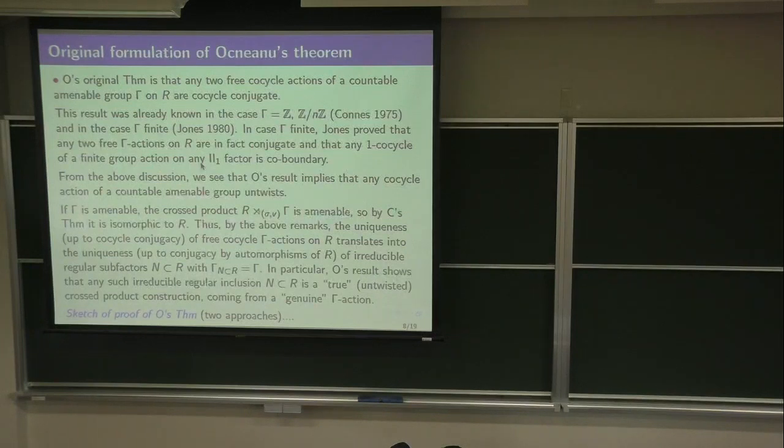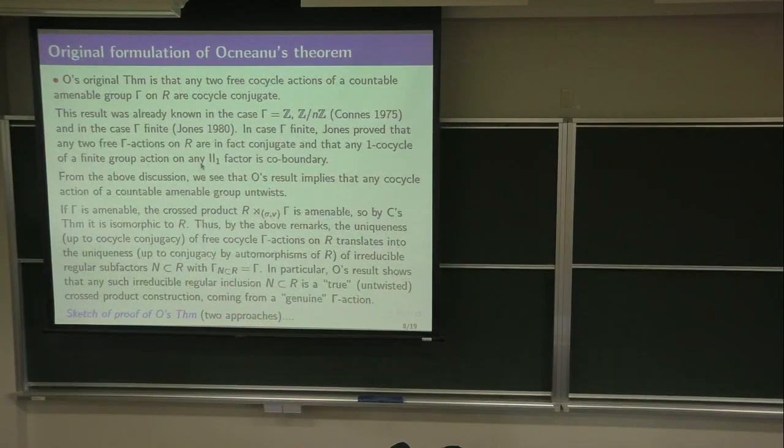I also want to emphasize that Ocneanu proved this uniqueness theorem, right? So any two cocycle actions are cocycle conjugate. Now any group has an actual action on R, which is by Bernoulli shifts. So if you take any other cocycle Gamma action, it will be cocycle conjugate to this genuine action.